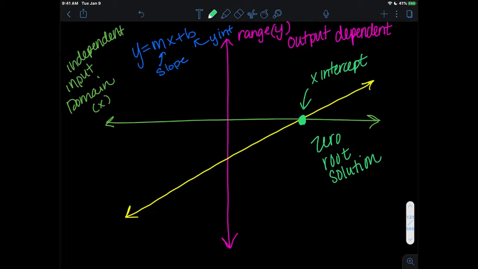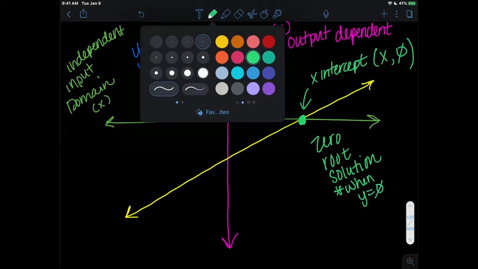Always, always, x-intercept is x, comma, 0. The definition of an x-intercept is when y is equal to 0. Always, okay?